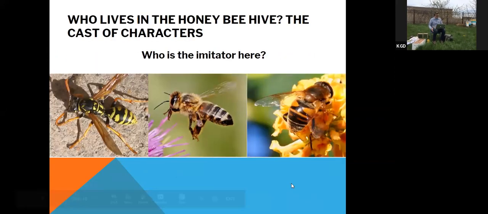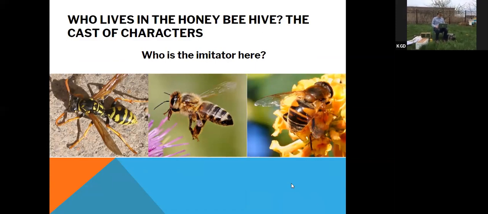Okay, all right. So where's the honeybee and who's the imitator? Anybody want to guess? You can throw it in the chat box. Is the honeybee the one on the left, the one in the middle, or the one on the right?